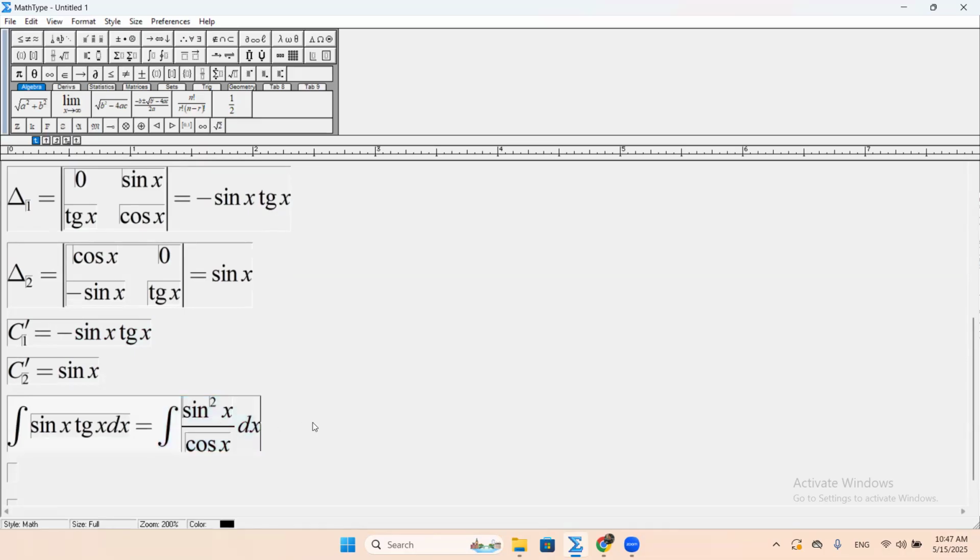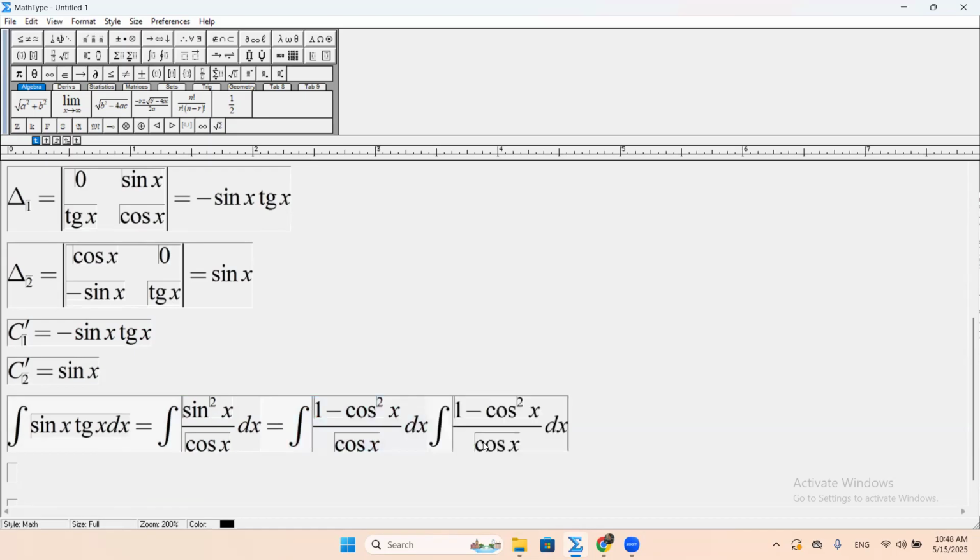We can write it in the following way: sine square x is 1 minus cosine square of x. After that, I will expand. Here I have 1 over cosine of x, so secant, and here I will just have cosine of x.